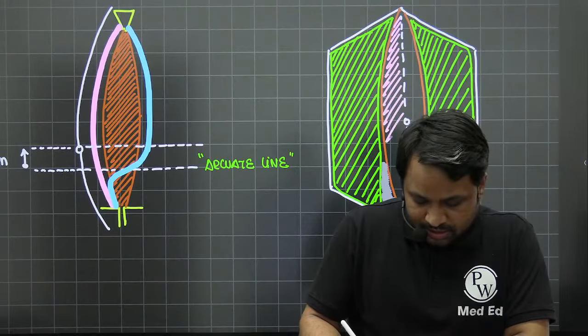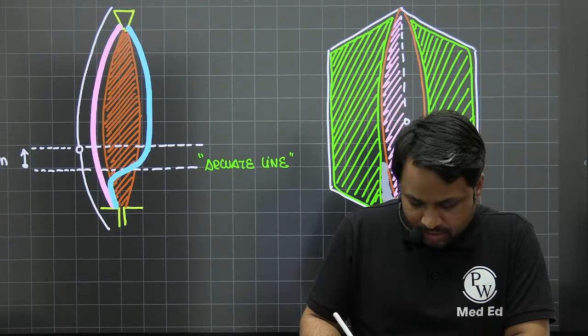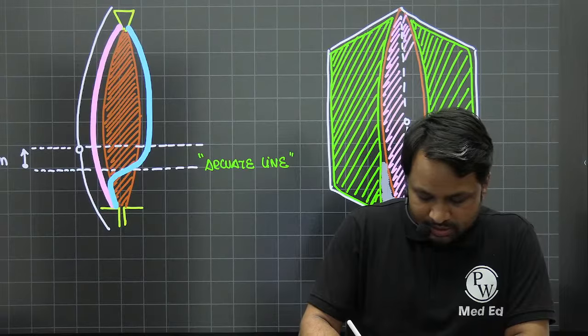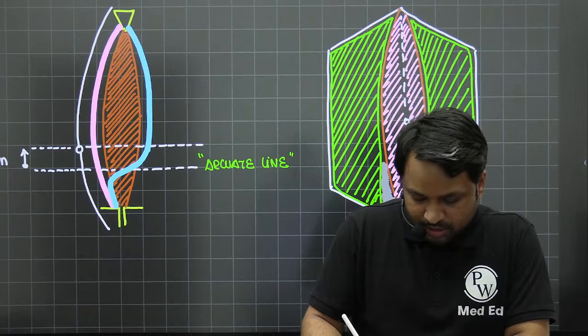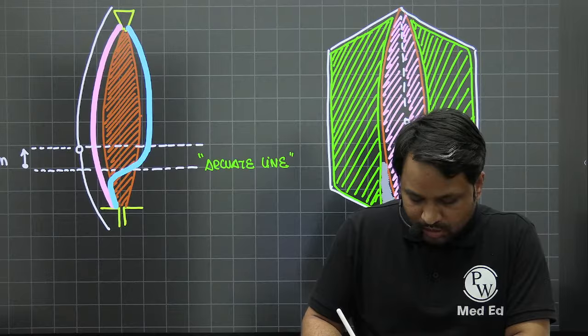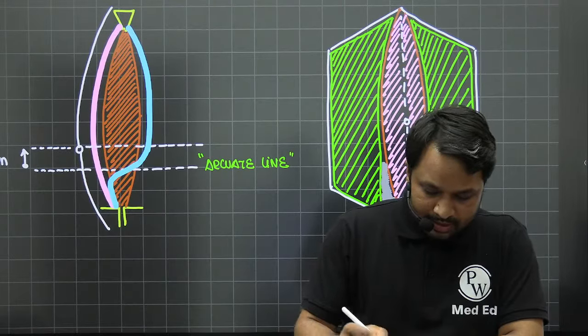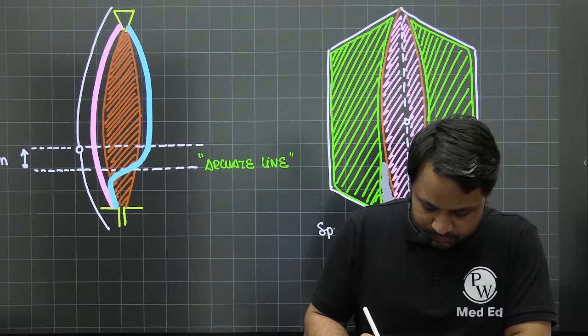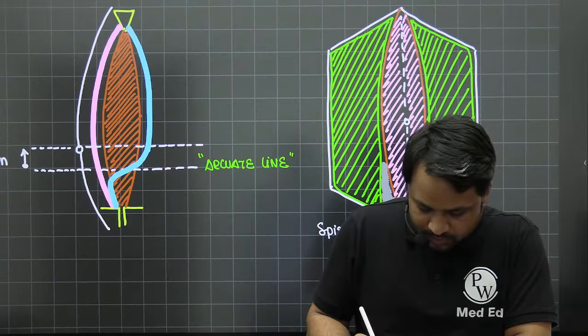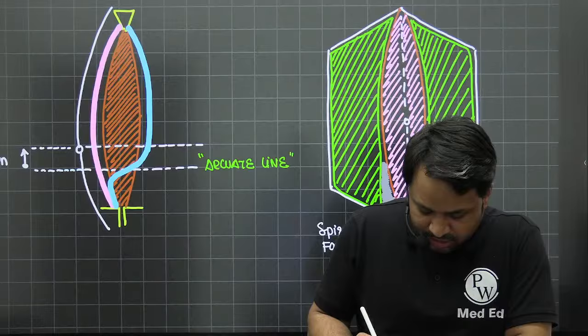The area between the rectus abdominis and the lateral abdominal wall muscle, which is not guarded by any muscles, is what we call the Spigelian fascia.